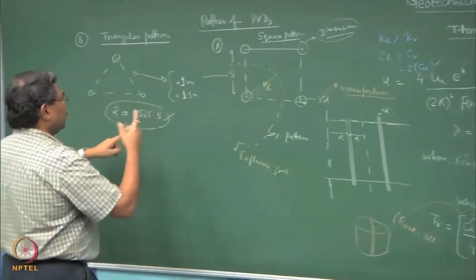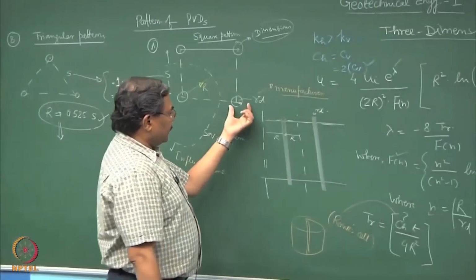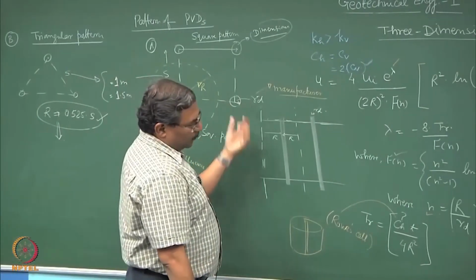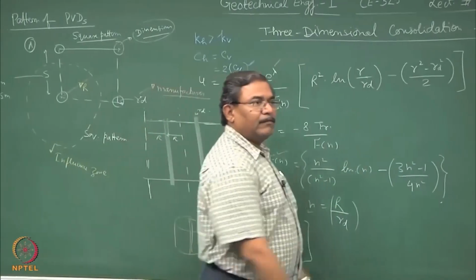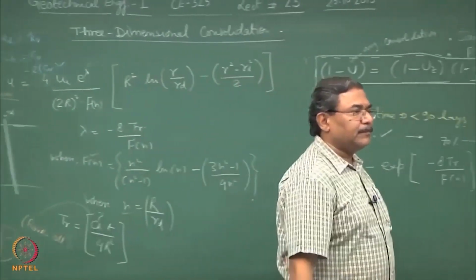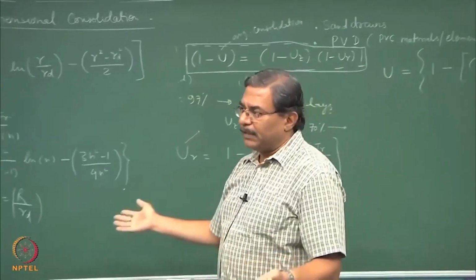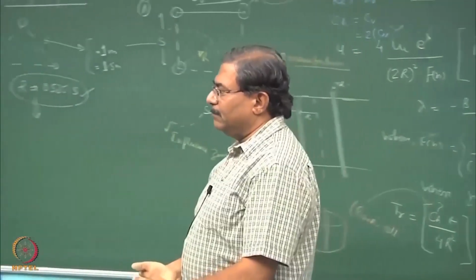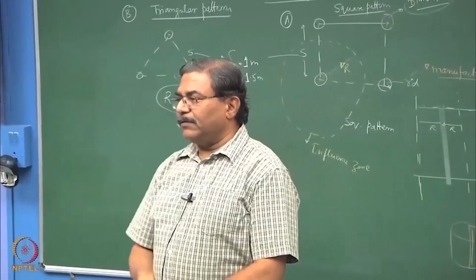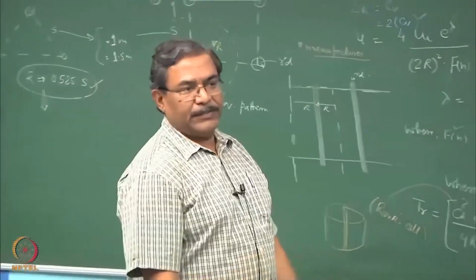So, what we have to do is, we have to fix S, get the value of R, fix the dimensions of the drains which you are going to use, so that n gets fixed. Once n gets fixed, everything is a simple procedure. This is what is being done in most of the projects which are happening all along the coastal regions, where you have marine clays, which will take a lot of time to stabilize.